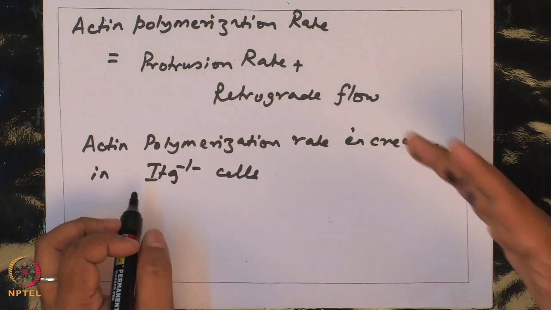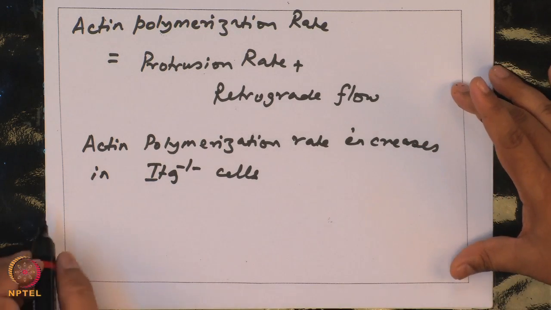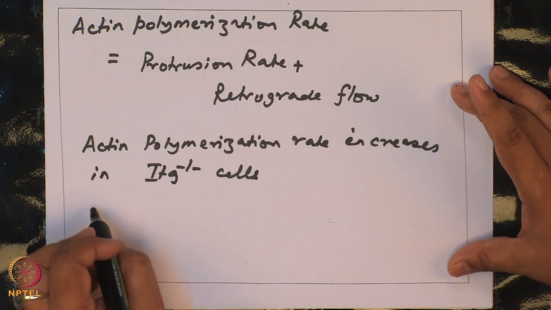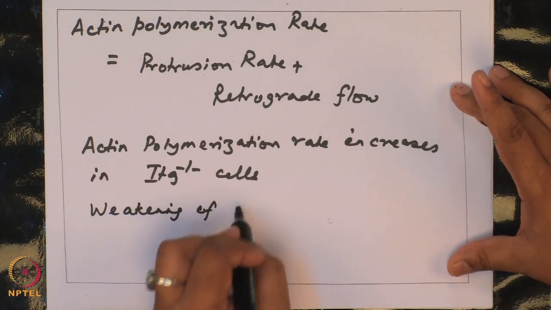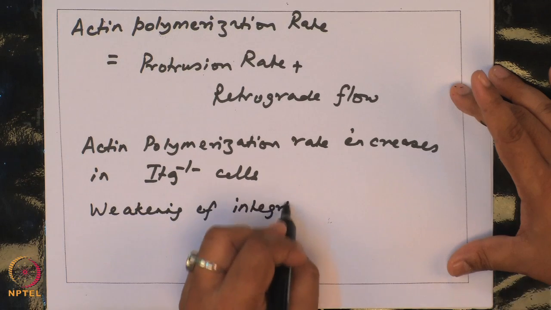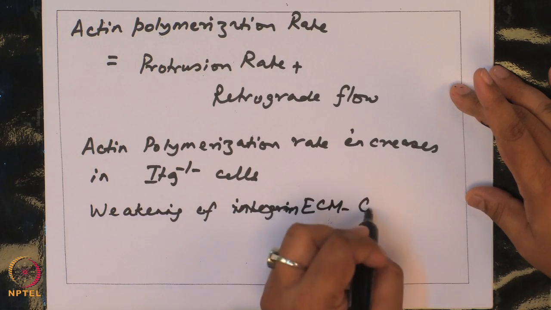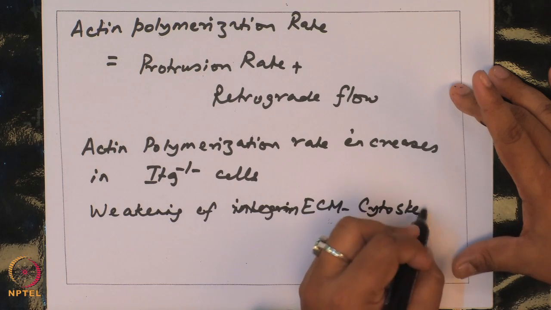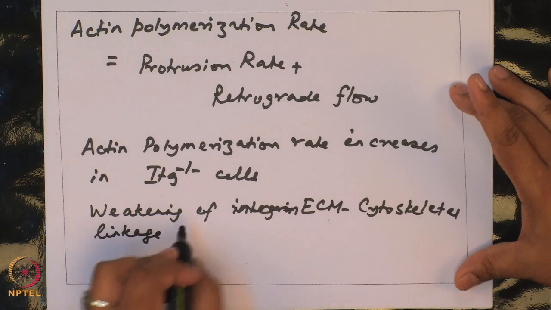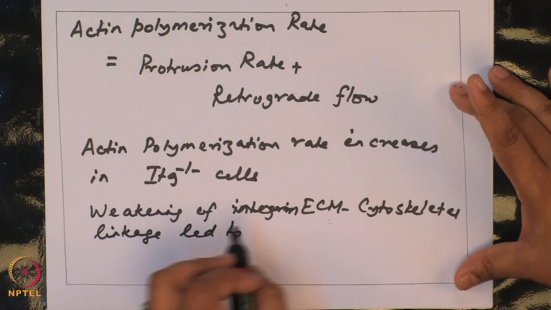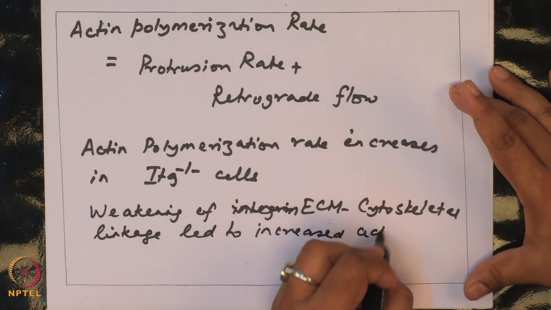And what the authors then went on to show is that any weakening of the ECM cytoskeletal linkage led to increased actin polymerization.